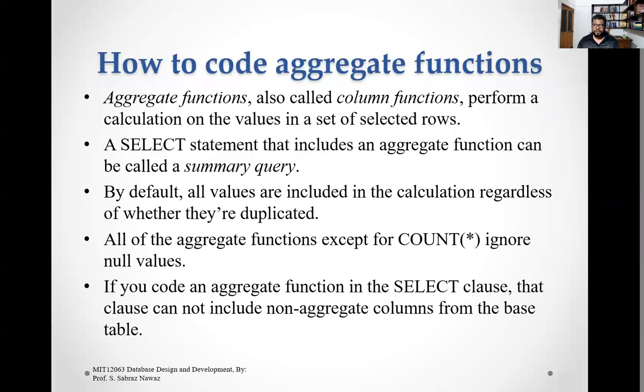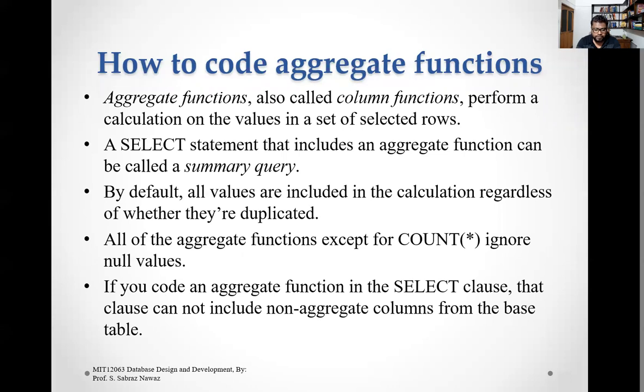As you can see, when you use an aggregate function, which are also called column functions, that query is called a summary query. A summary query is a select statement that includes an aggregate function.